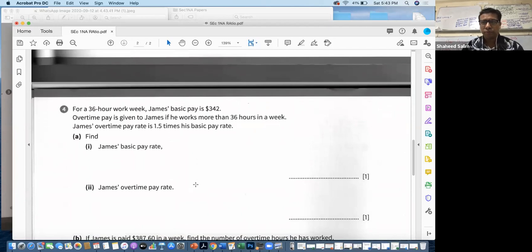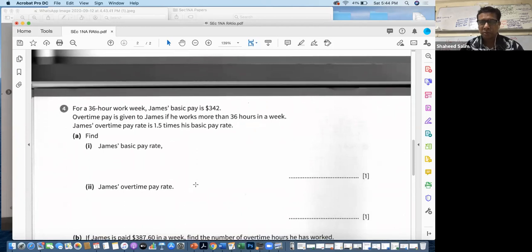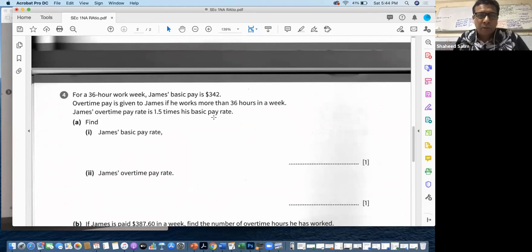Number 4. You got an answer? No? No, then we do it now. For the 36-hour week, James' basic pay is $342. Overtime pay is given to James if he works more than 36 hours in a week.